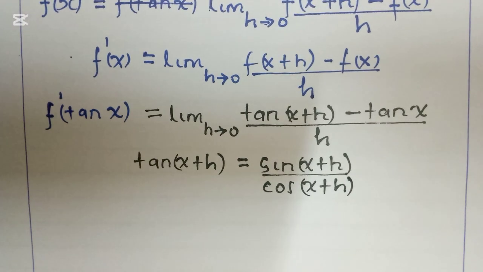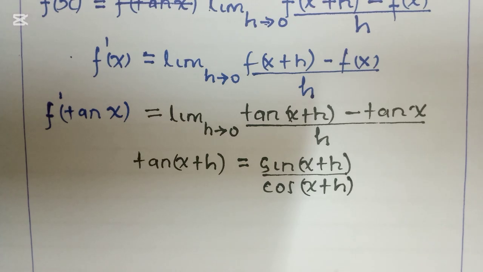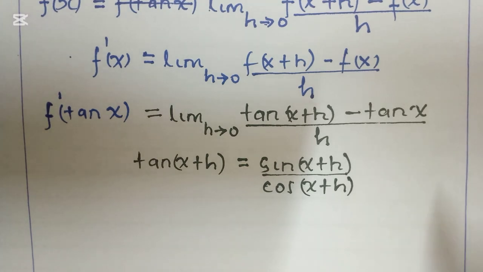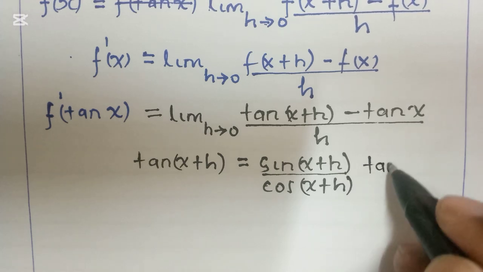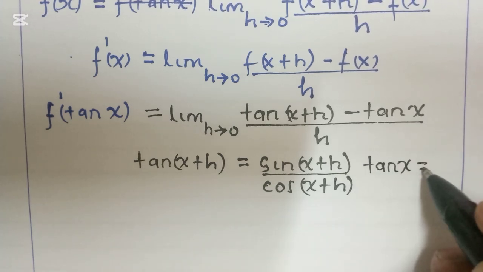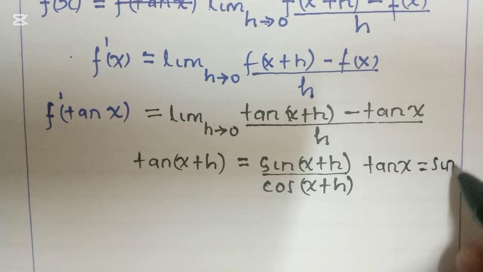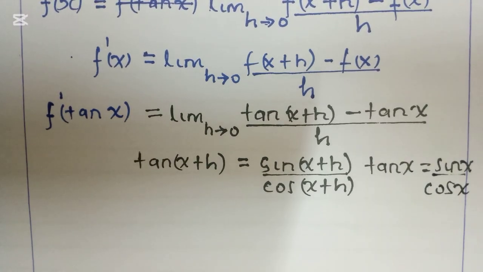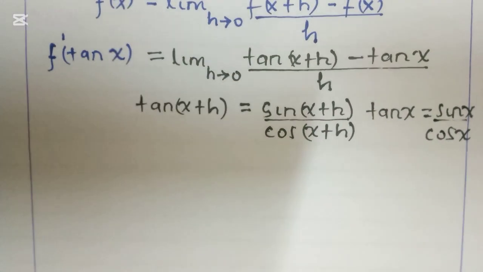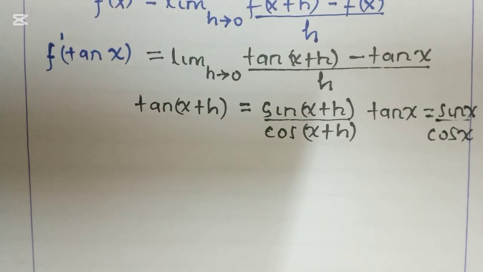So we are going to change that. And also we know that tan x is equal to sin x all over cos x. And so guys, using that, we can transform our equation now.